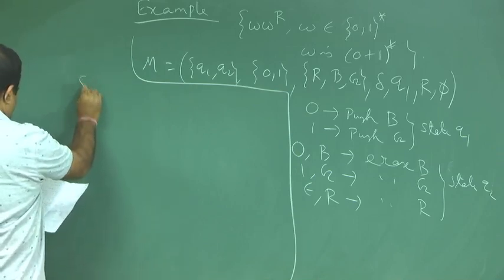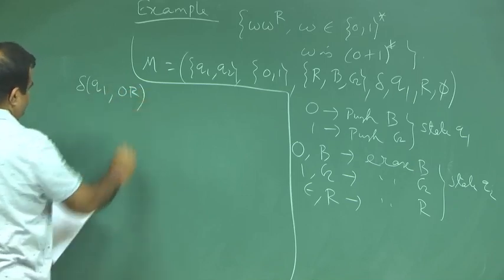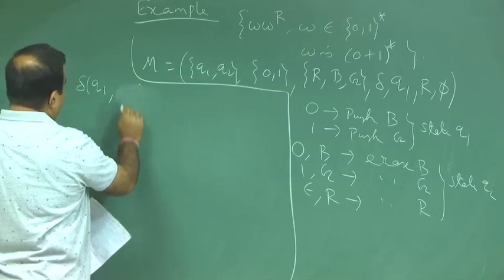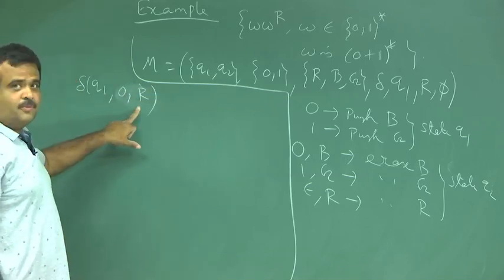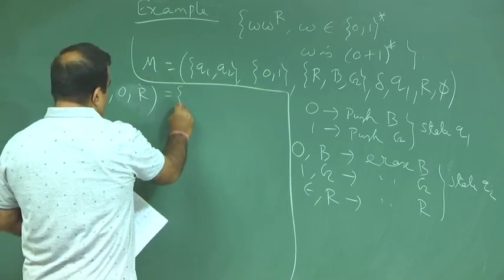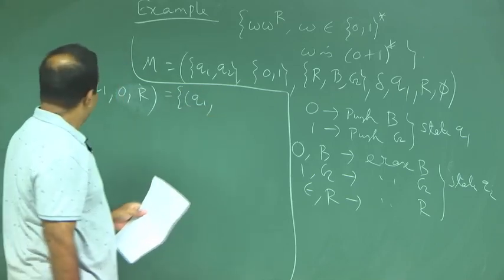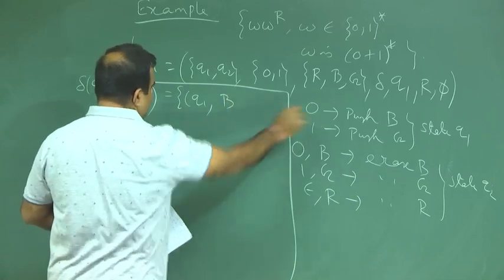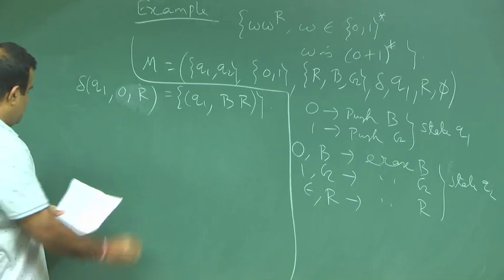So, delta of Q1 0 R. Sorry, R is the starting state, that is corresponding to our Z0. Then this is going to a singleton set: Q1, we remain at Q1 and push B, so B R. Okay.